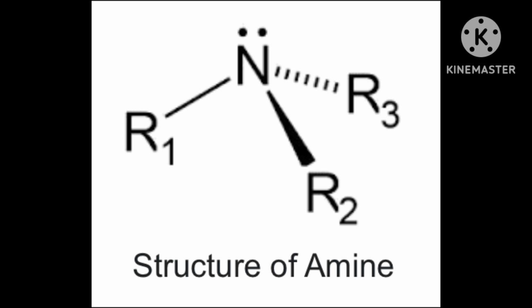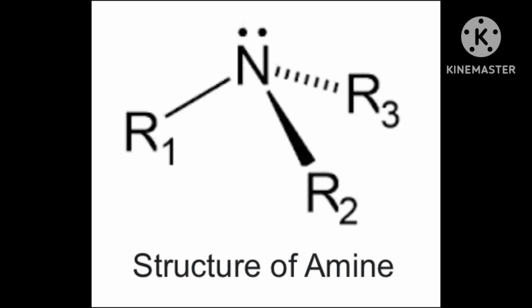R means alkyl, and Ar means aryl, which means an aromatic or benzene ring. If one hydrogen atom of ammonia is replaced by R or Ar, we get RNH2 or ArNH2, a primary amine.